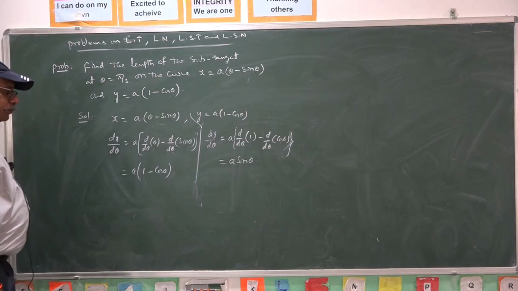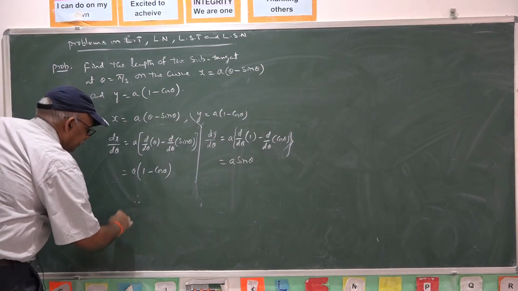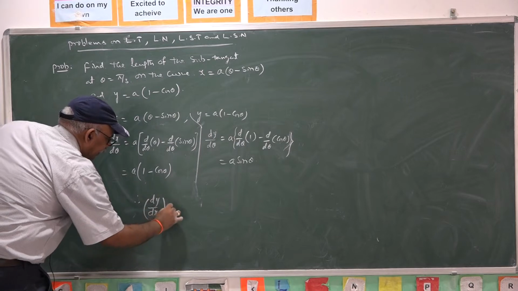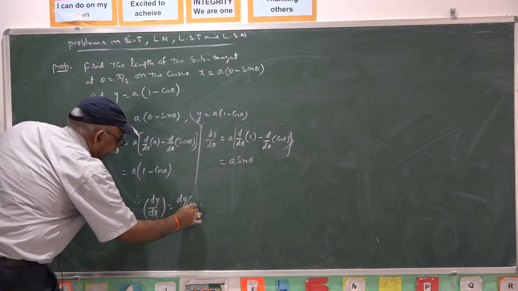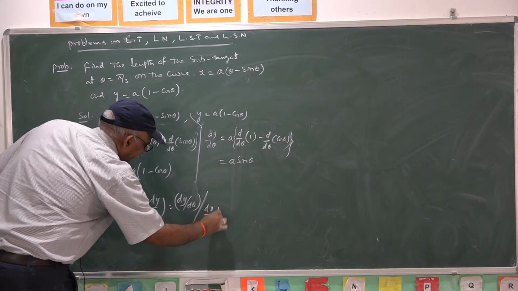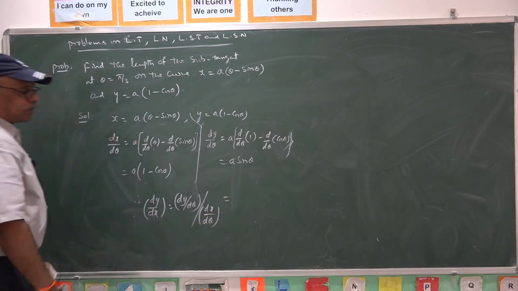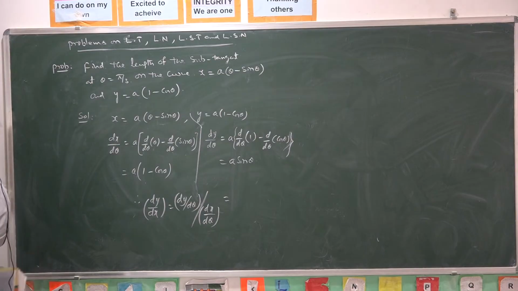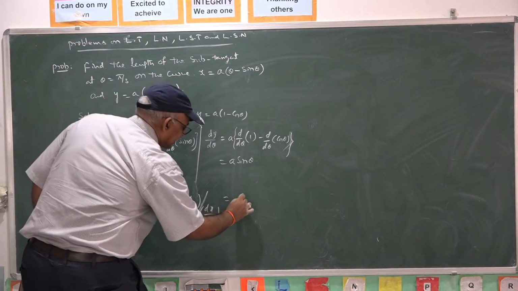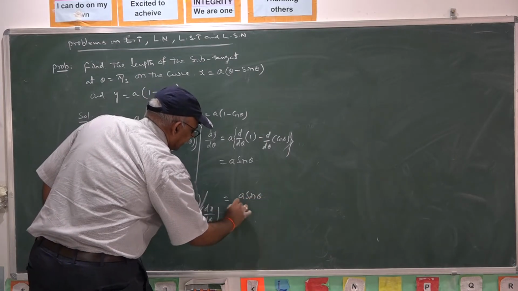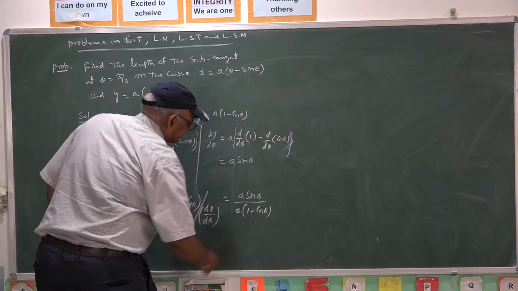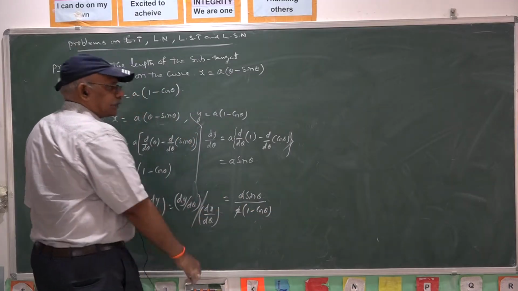So, m, therefore, dy by dx is dy by d theta by dx by d theta. That is a sin theta by a into 1 minus cos theta. So, you can remove this one.